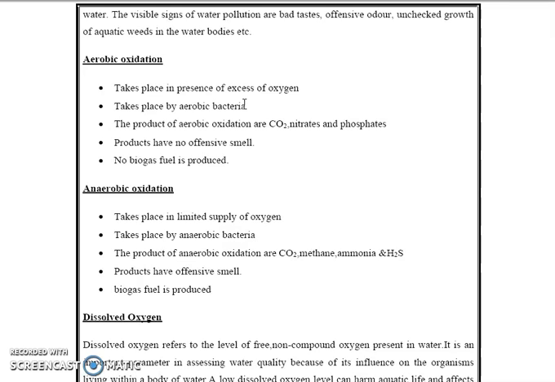Minimum five points of difference between aerobic and anaerobic oxidation. Aerobic takes place in excess oxygen; anaerobic, in a limited supply of oxygen. Aerobic oxidation takes place by aerobic bacteria; anaerobic by anaerobic bacteria. The products of aerobic oxidation are carbon dioxide, nitrate, phosphate, etc. These have no offensive smell.